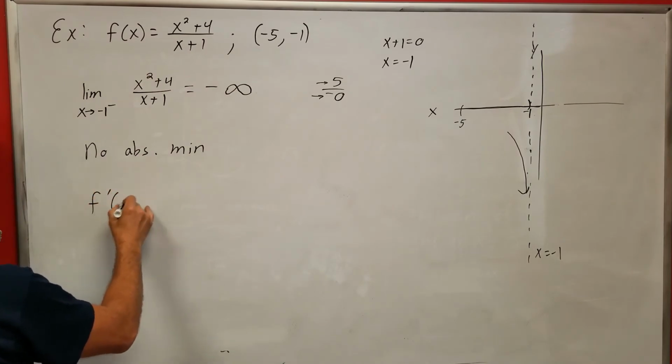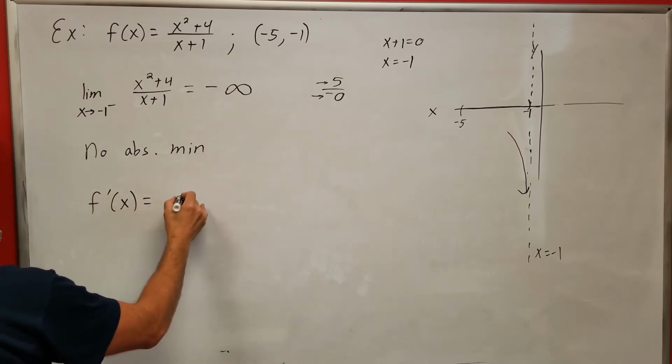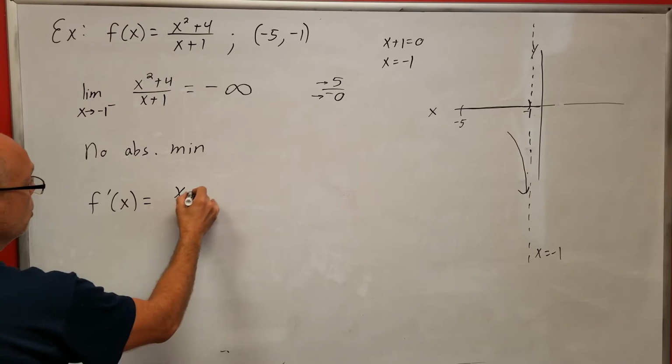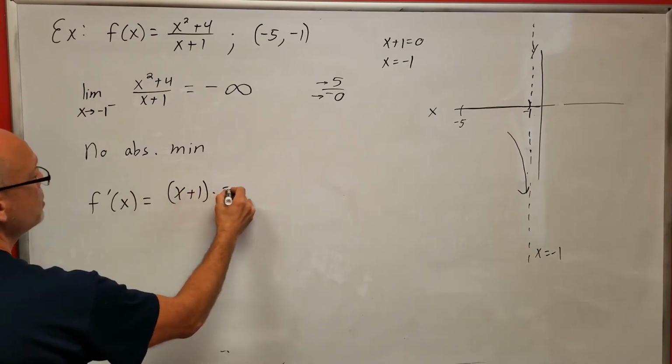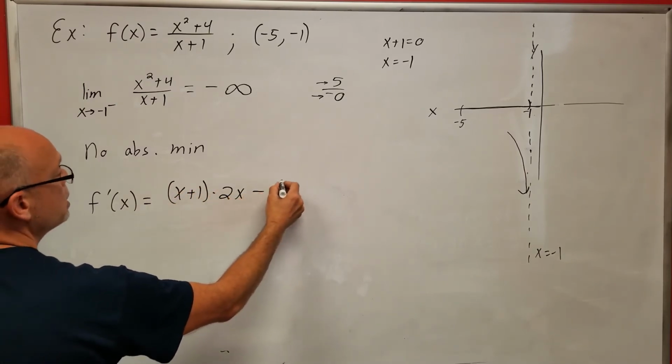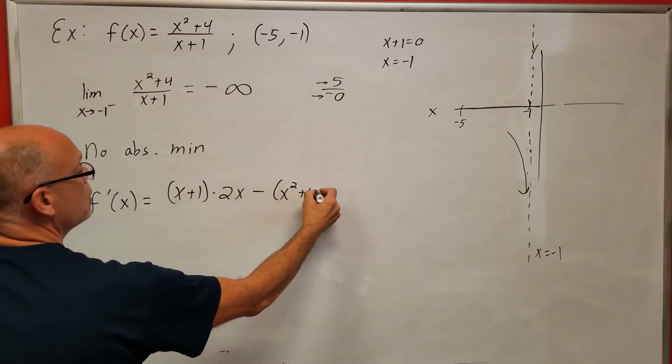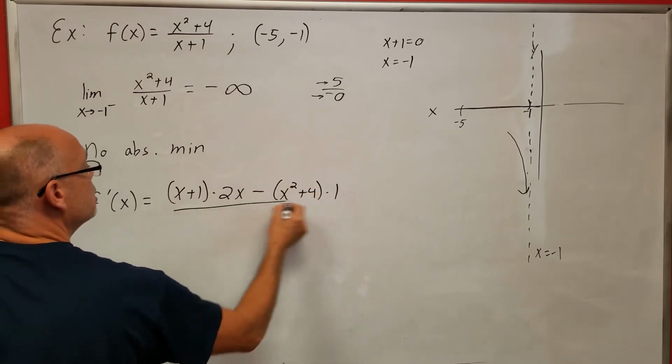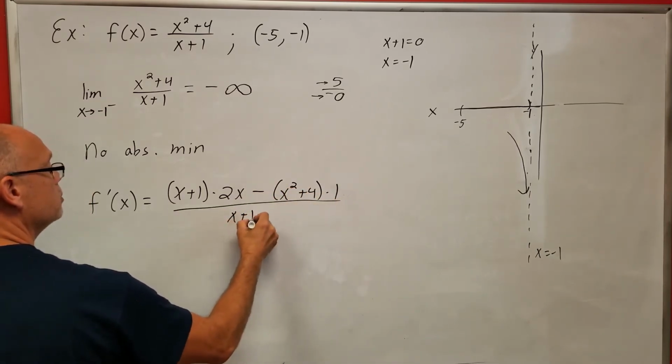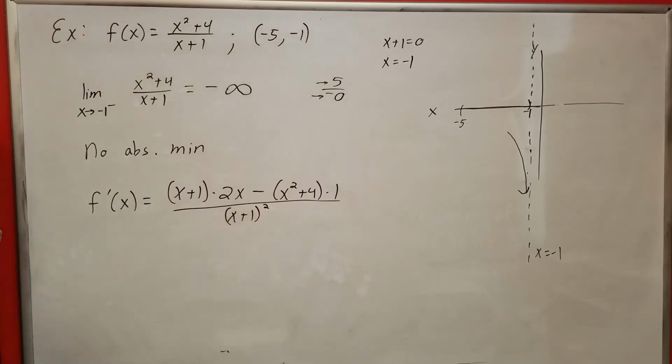F prime of x is equal to, remember this is quotient rule, denominator times the derivative of the numerator minus the numerator times the derivative of the denominator all over the denominator squared.